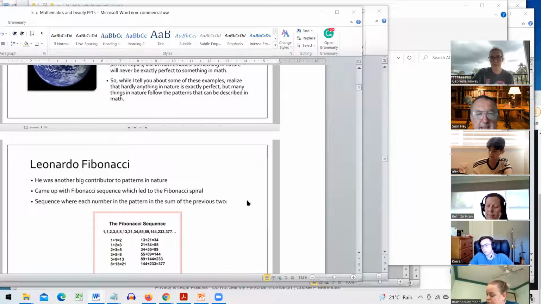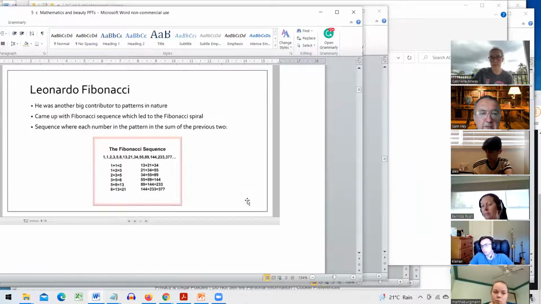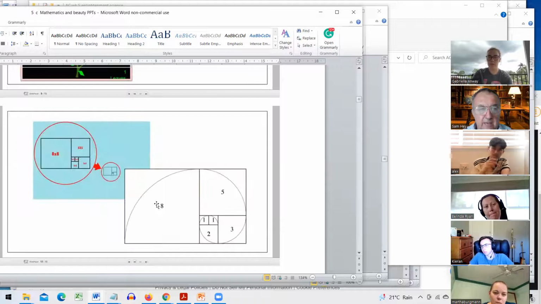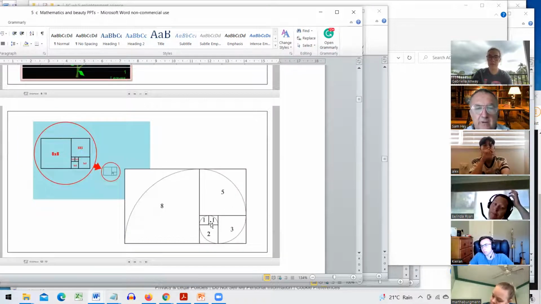Fibonacci basically said, a lot of examples in the natural world grow by adding more and more as they grow, like a spiral. If you start off with 1 and then add 1 to it, 1 and 1 makes 2. But if you then add 1 and 2, you end up with 3.